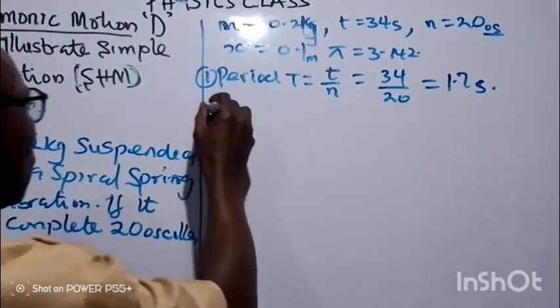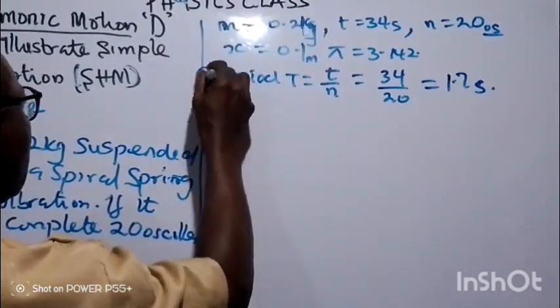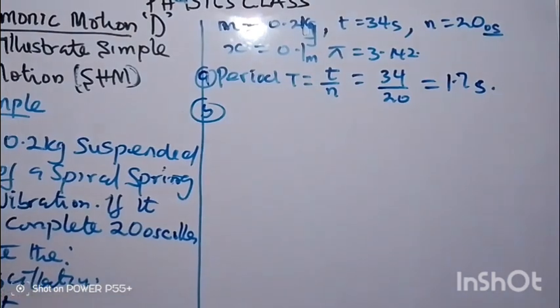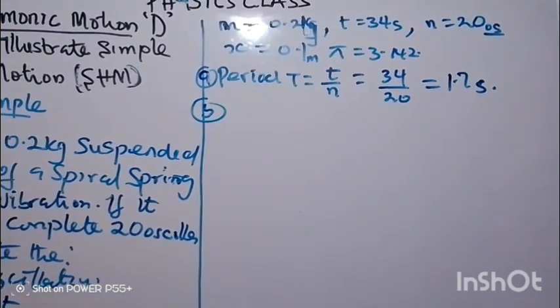Now for part B of the question, it asks us to calculate the force constant, K. We were not given F. If F is given, then we say F is equal to Ks, but force is not given.